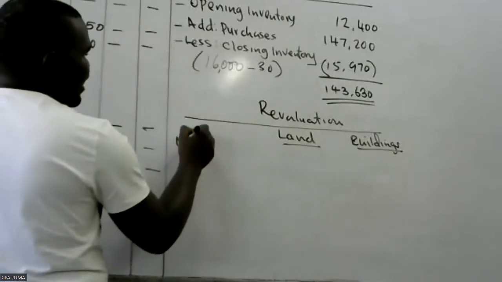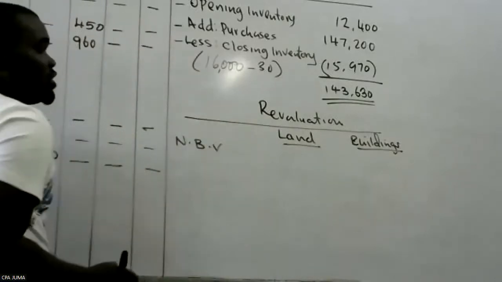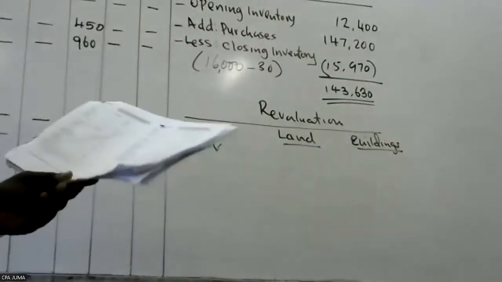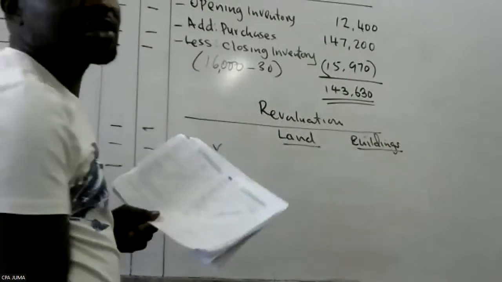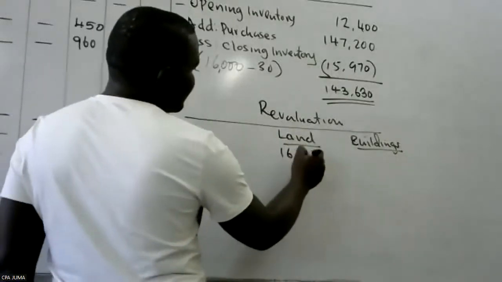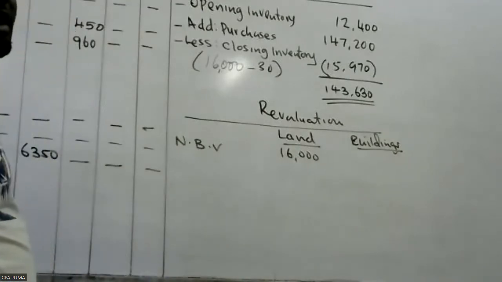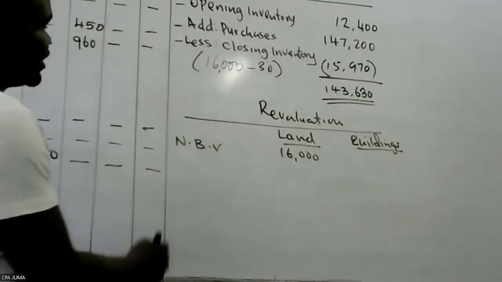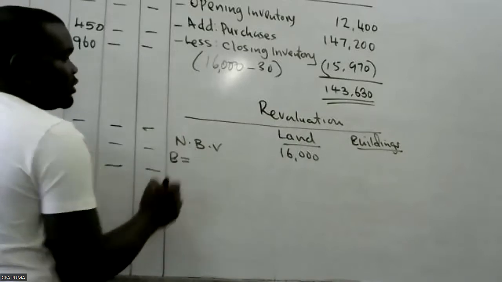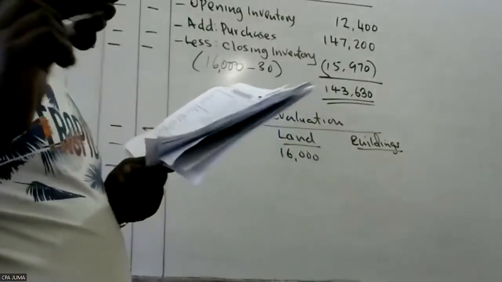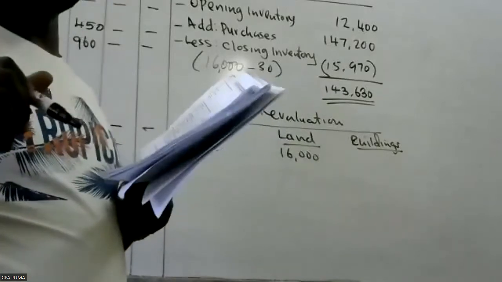What is the net book value for land? Check trial balance. They said 16 in bracket. So this one is 16. Buildings, you have to be careful. Buildings was the difference between 56 and 16.